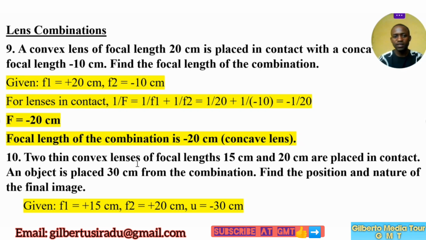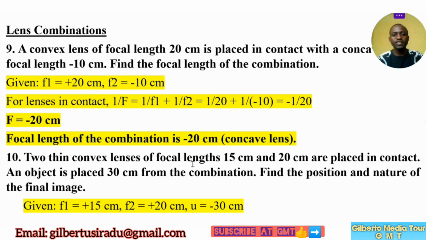As we said in the first point, the power of the combination of two lenses equals the power of the first lens plus the power of the second lens. Then the focal length will be negative 20 centimeters. The focal length of the combination is negative 20 centimeters, which is similar to that of concave or diverging lenses.